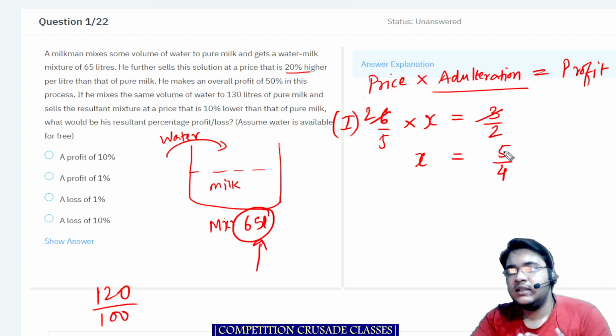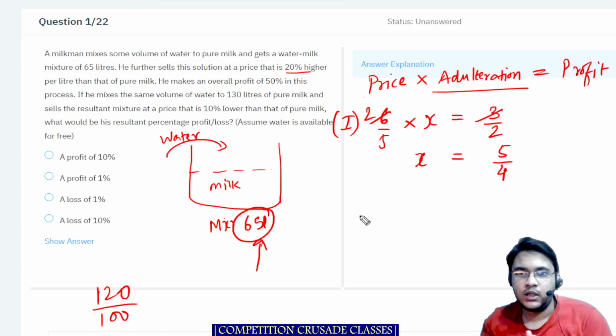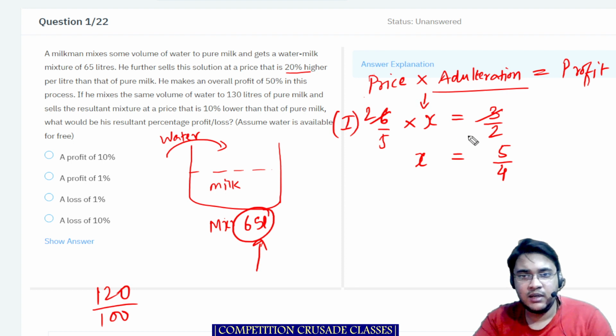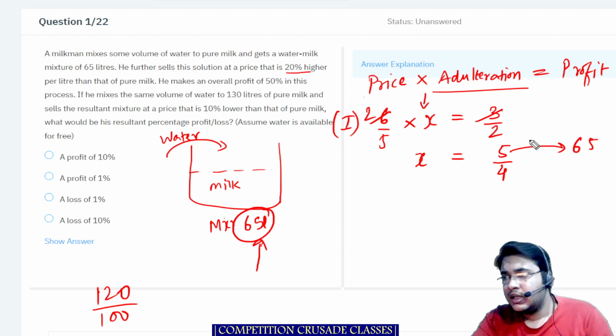We are getting the mixture as 65 liters. Initially, we didn't have water, and that has been represented by this adulteration multiplying factor X. So in the ratio scale, that 5 corresponds to 65. That is basically a multiple of 13.